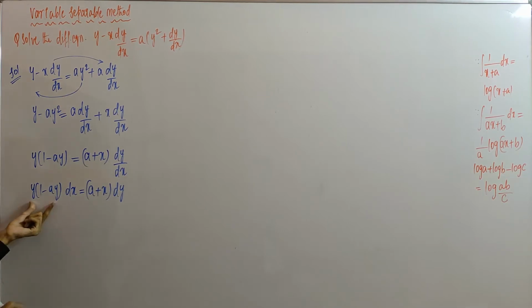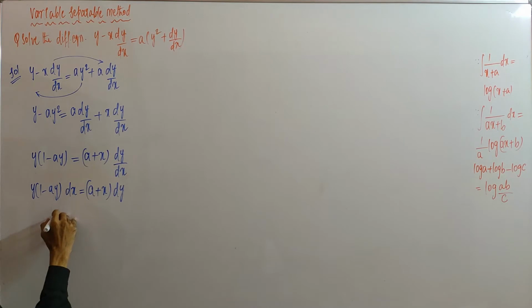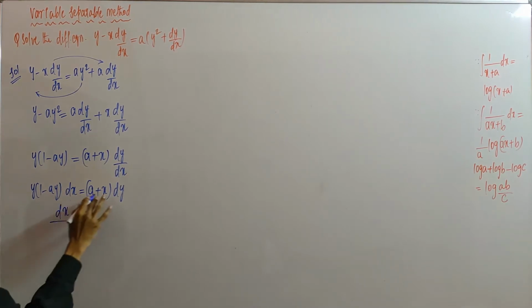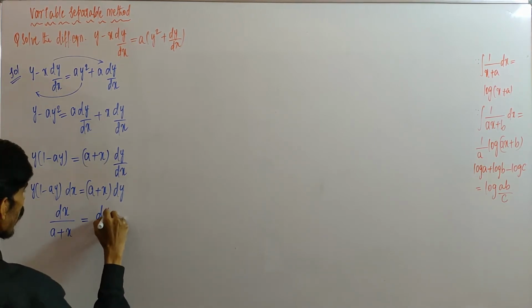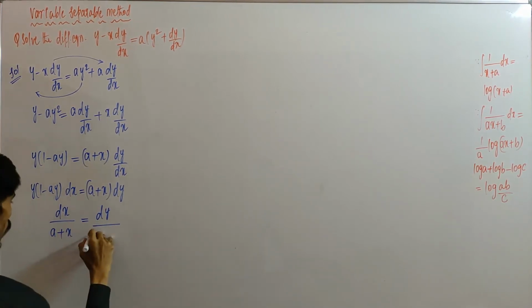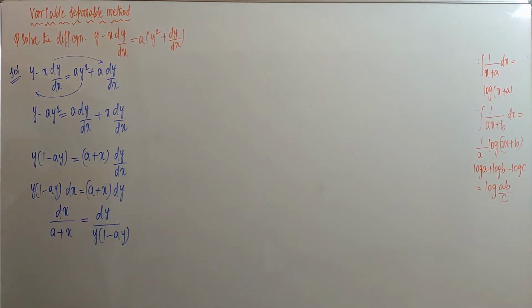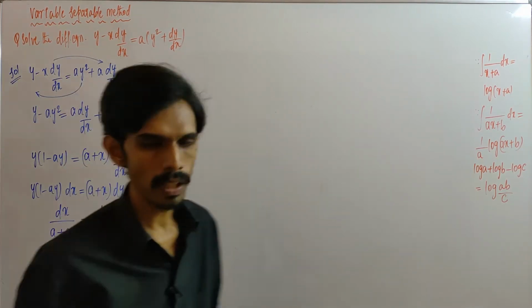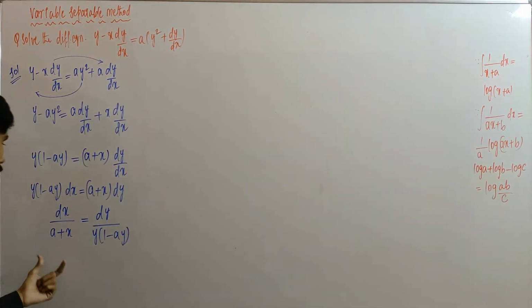Now send this term to that side and this term to this side. Keep this dx as it is by a plus x is equal to dy upon y into 1 minus a y. Now we have x terms on one side and y terms on the other side, that is, we have separated the variables.